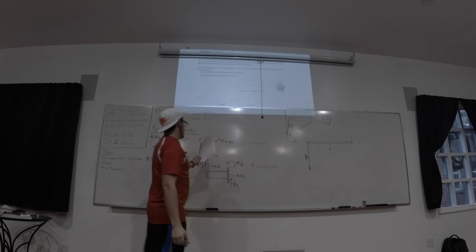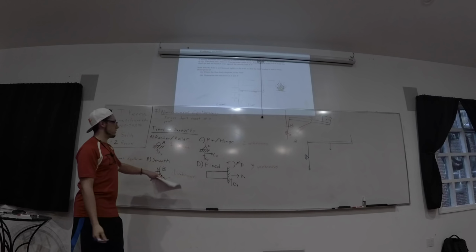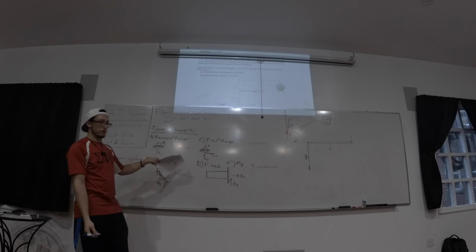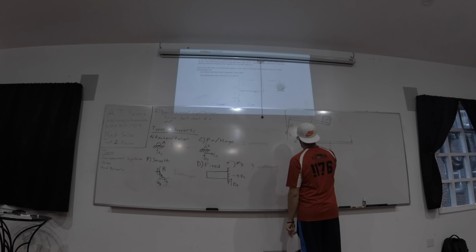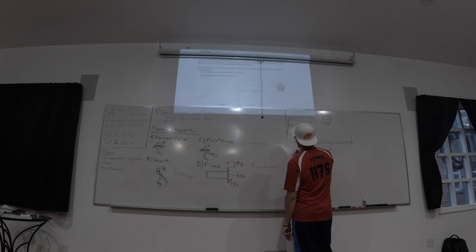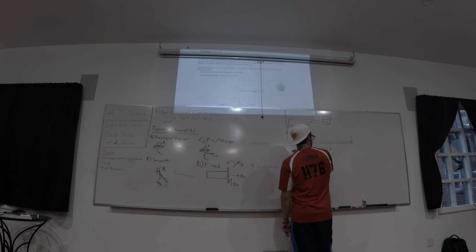So based on the reactions you get from the supports, at the pin, you're going to get a reaction in the x direction, and a reaction in the y direction. Well, except it's B. I guess try to find a spot if you can.